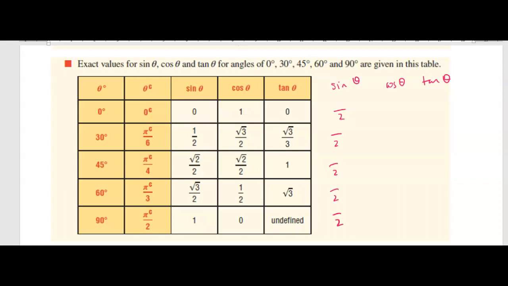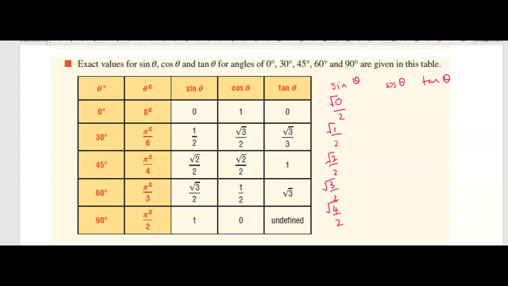Then for sine, we start off with 0 and write 0, 1, 2, 3, 4. Then all those numerators we take the square root of. Now, we just have to simplify them.